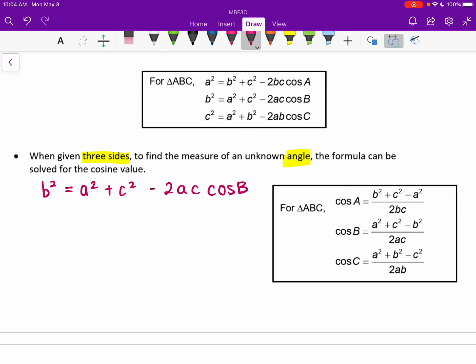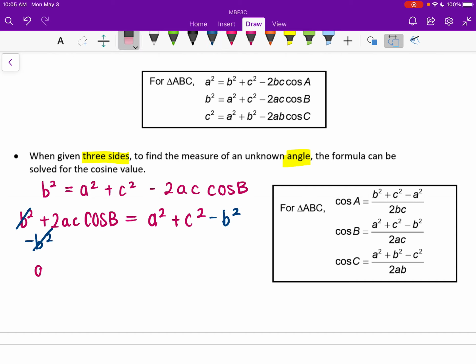And I want to get that cos B by itself. So I'm going to bring over the 2AC cos B term to this side. So B squared plus 2AC cosine B is equal to A squared plus C squared, right? And then I want to get rid of this B squared on this side, so I'm going to subtract B squared from both sides, right?